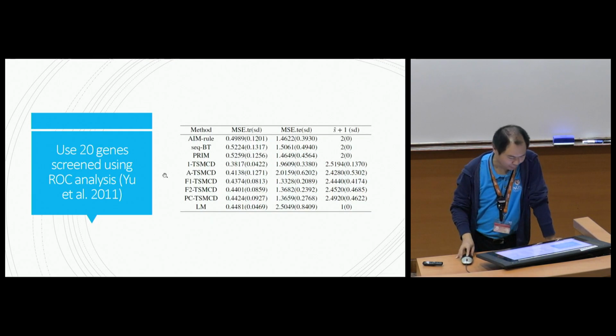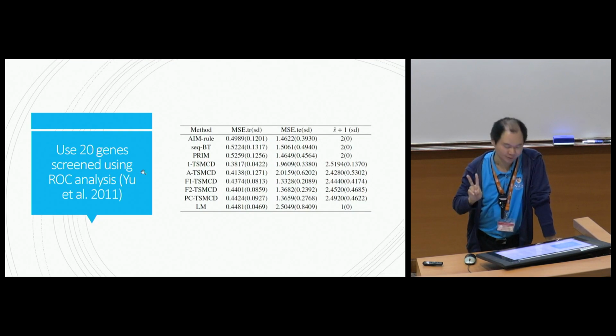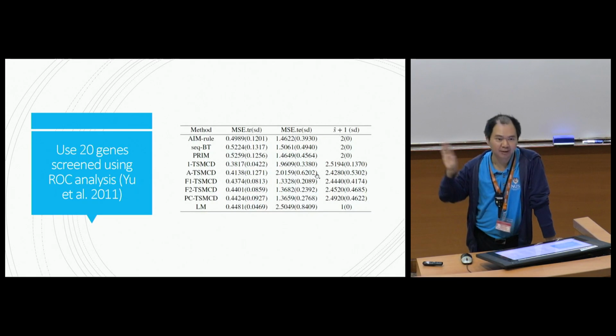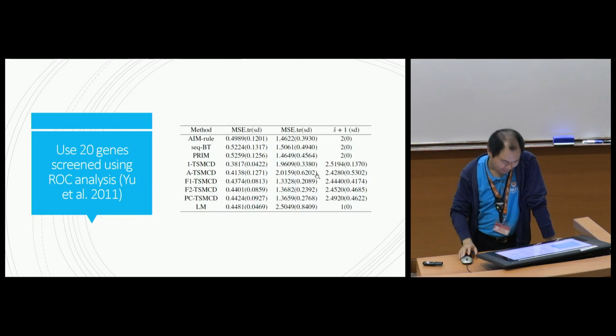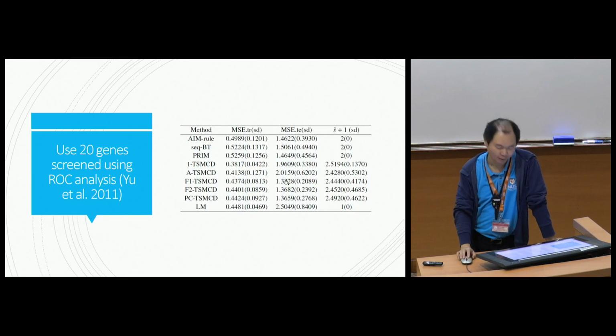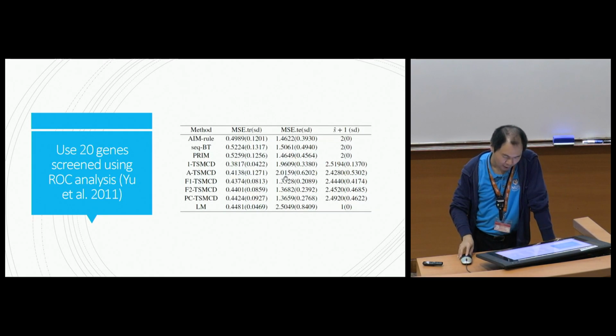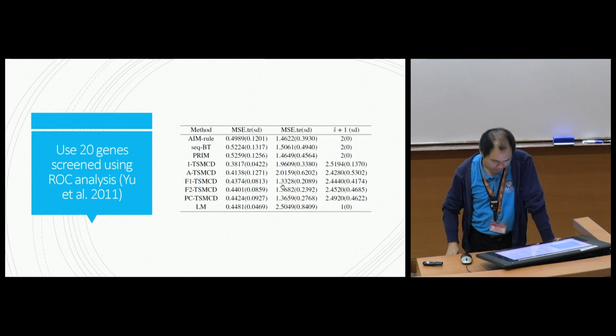In that paper, we select 20 genes based on ROC analysis. And then we repeat the same calculation for all the methods. And still, it seems our methods perform quite well among all the results. It seems our methods tend to have smaller MSE.